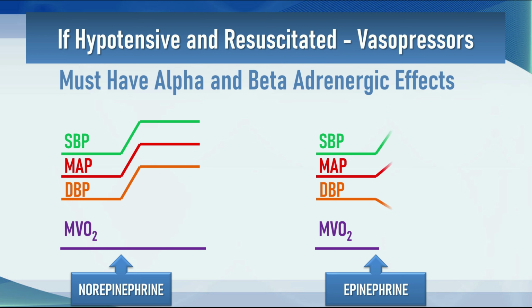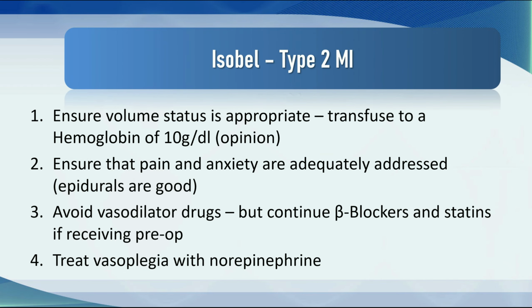When we give adrenaline, we see an increase in systolic and mean pressures, but a slight decrease, remember, the muscles, in diastolic pressure. And myocardial oxygen consumption increases, principally driven by tachycardia. So this agent, adrenaline epinephrine, is not ideal in the setting of a type 2 myocardial infarct or myocardial ischemia.